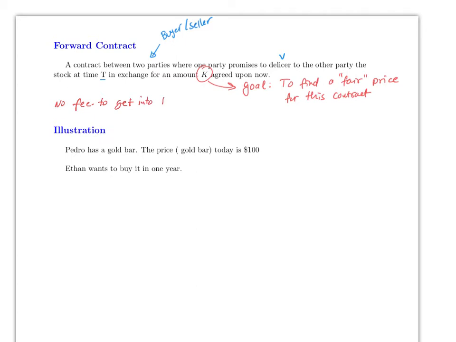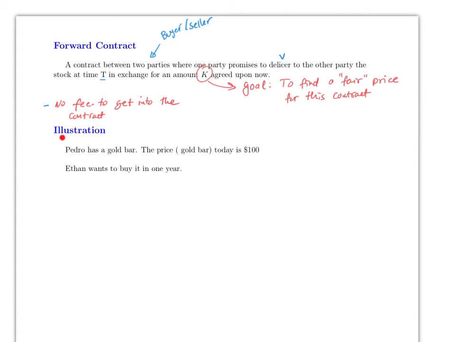I'll give you an illustration right now, but technically there is no fee. You just have to agree on the price today. All right, so let's try a way to explain this, which is actually straightforward.